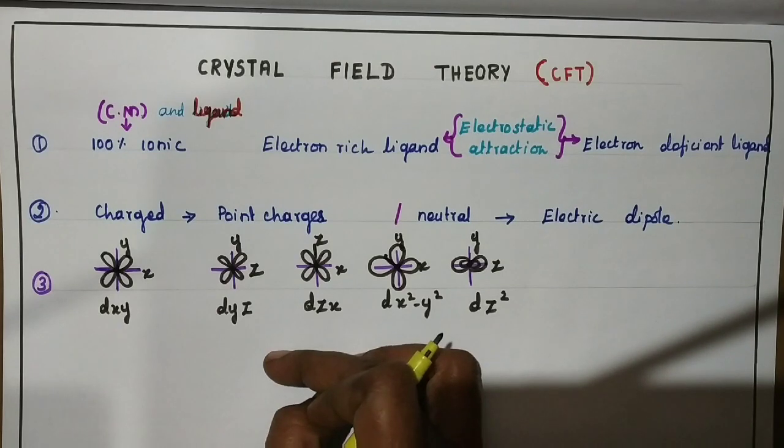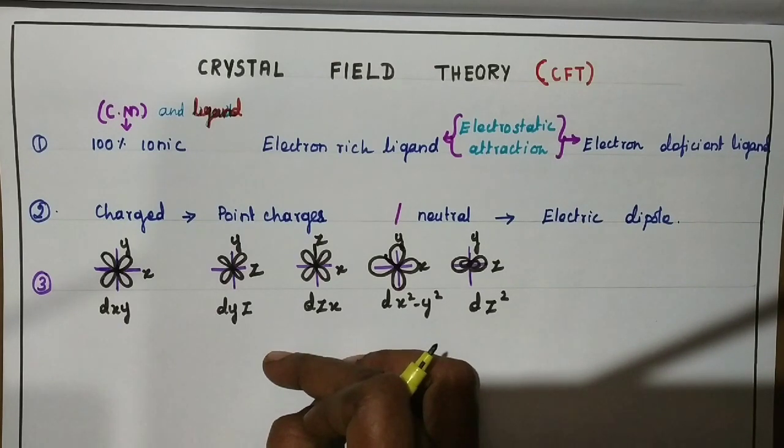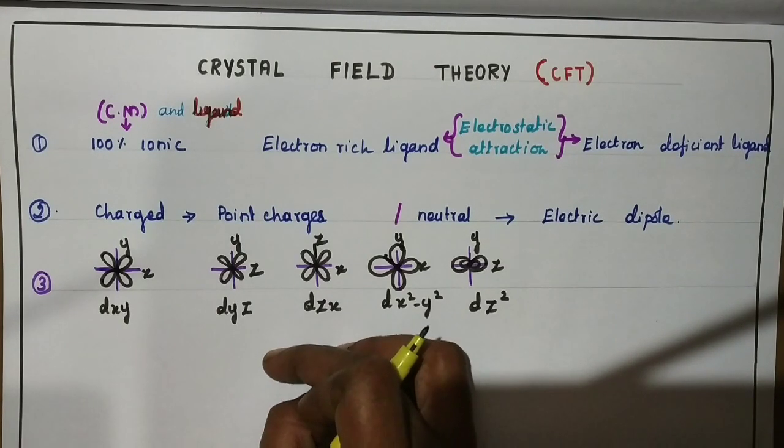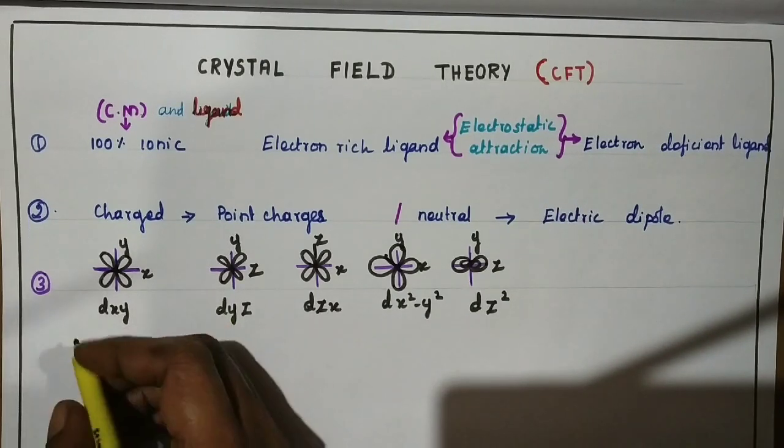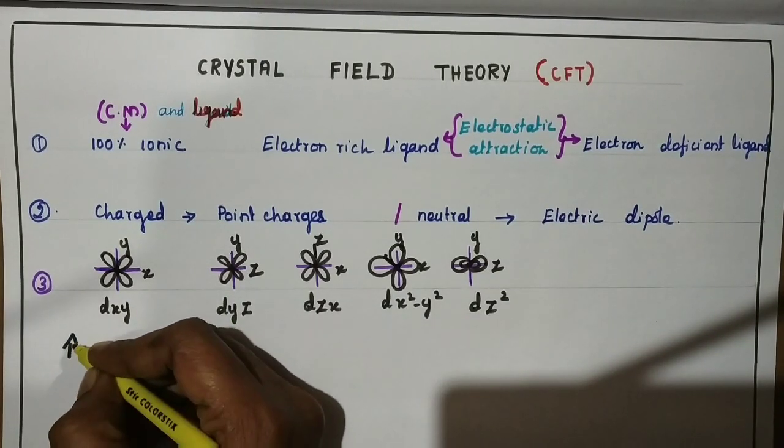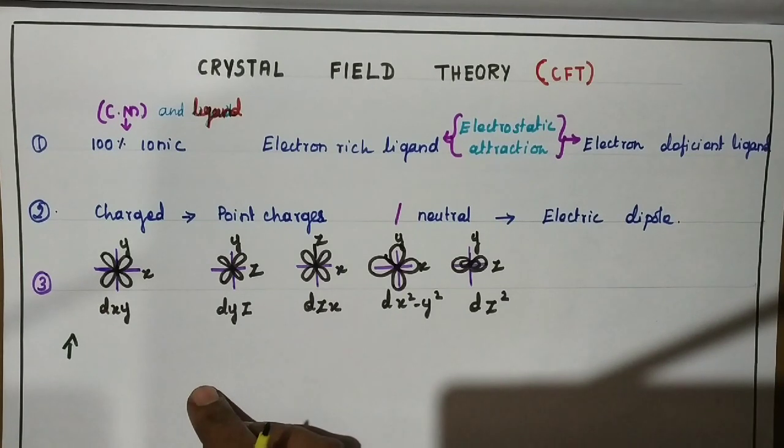In this field the energies of all 5 d orbitals will increase, due to the repulsion between the electrons of the metal and the ligands.